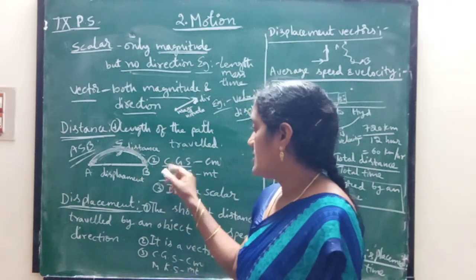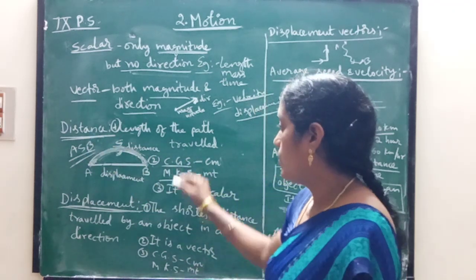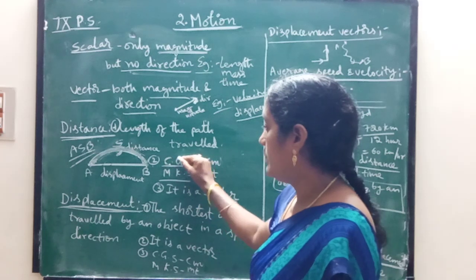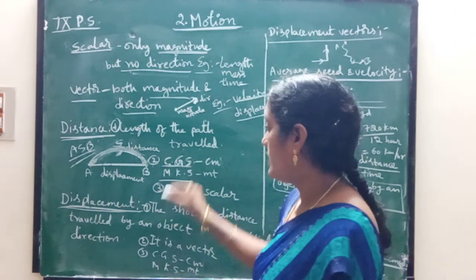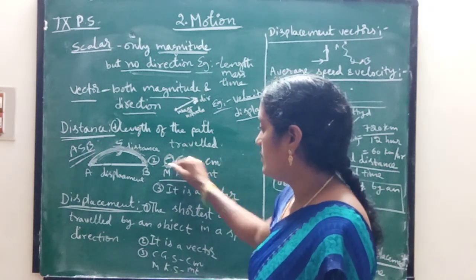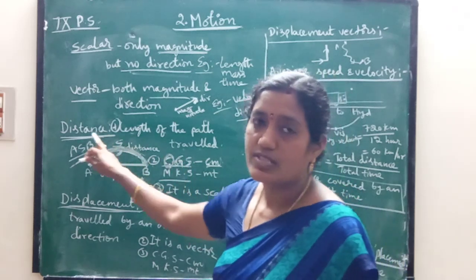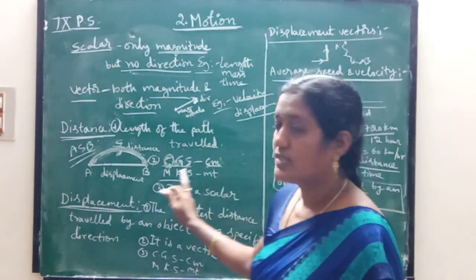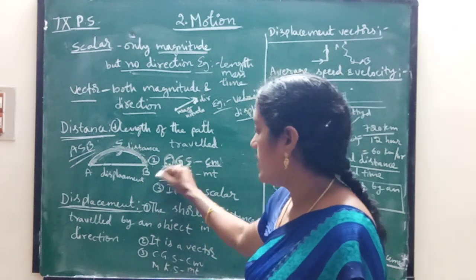Now, what is the CGS unit of distance? In the previous lesson I told you C means centimeter, G means gram, S for seconds. So here length is measured in centimeters, and the CGS unit of distance is centimeters, and the MKS unit of distance is M for meters.